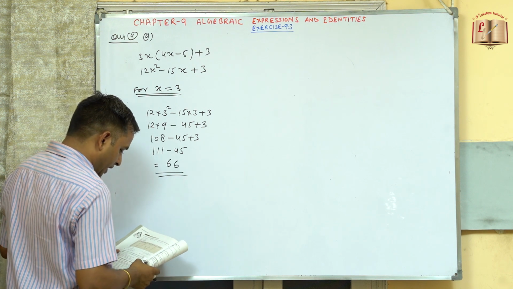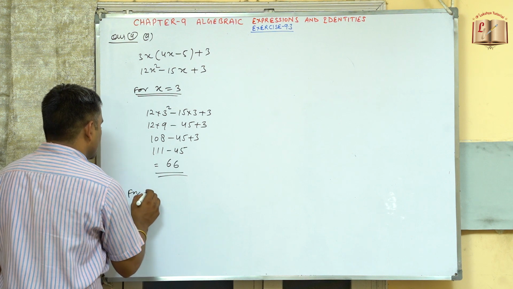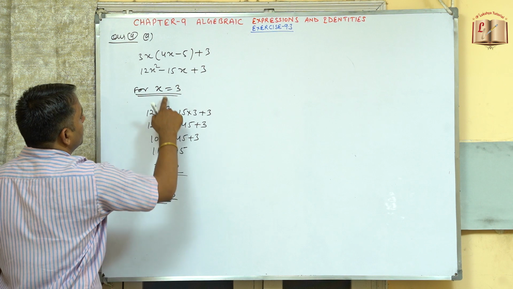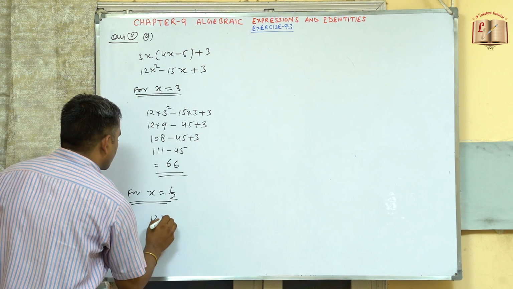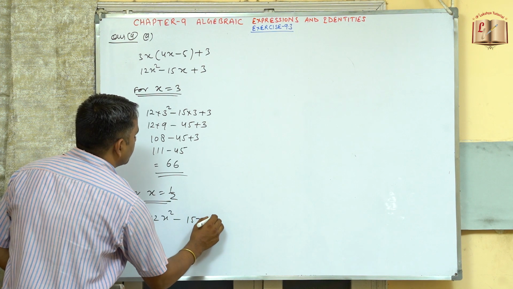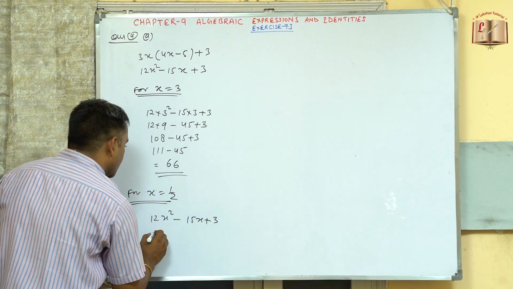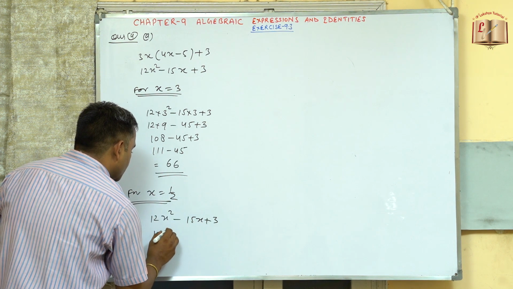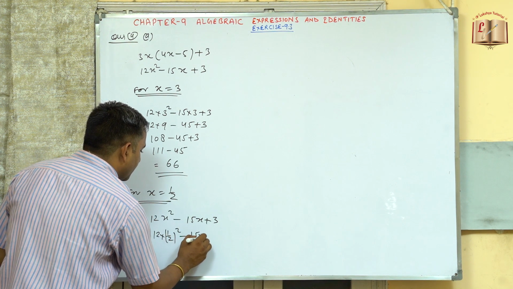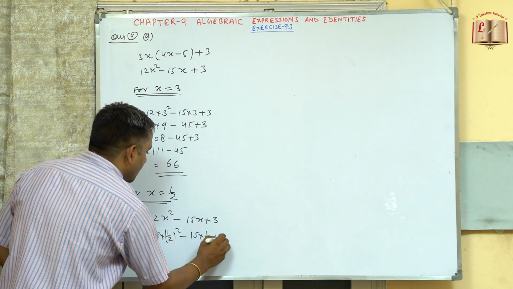And similarly for x equals half. So for x equals 1 by 2, we will substitute again in 12x square minus 15x plus 3. This is 12 into (1 by 2) whole square minus 15 into 1 by 2 plus 3.